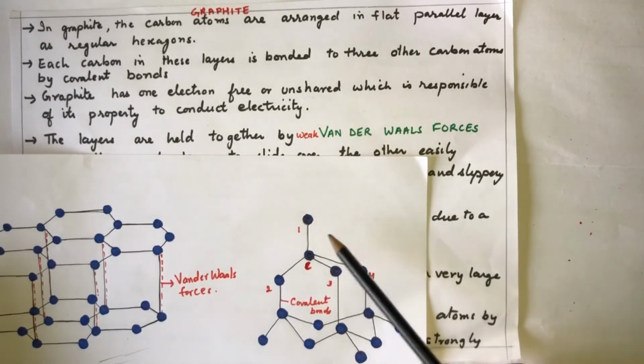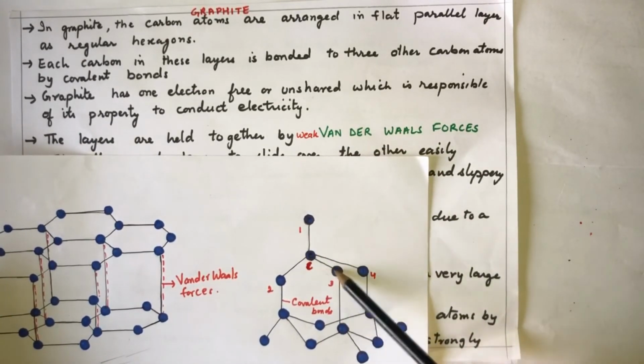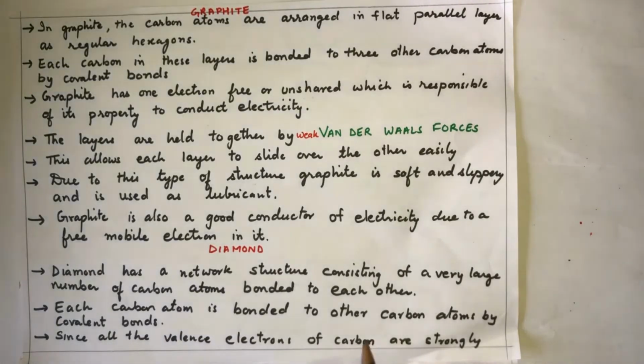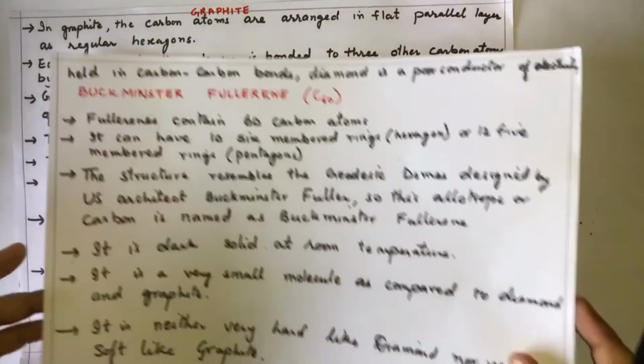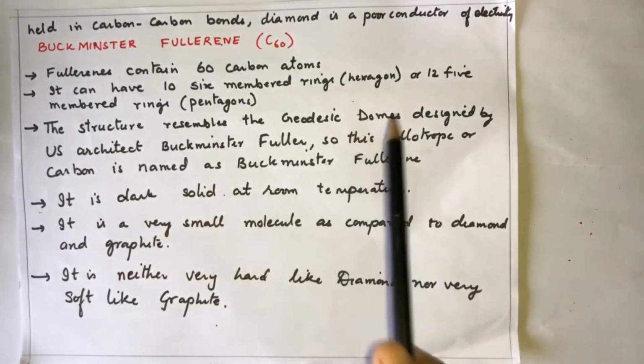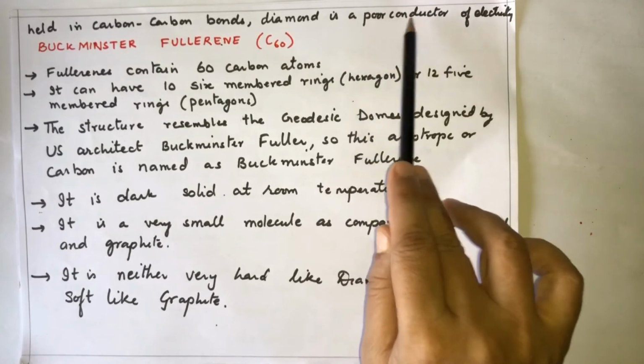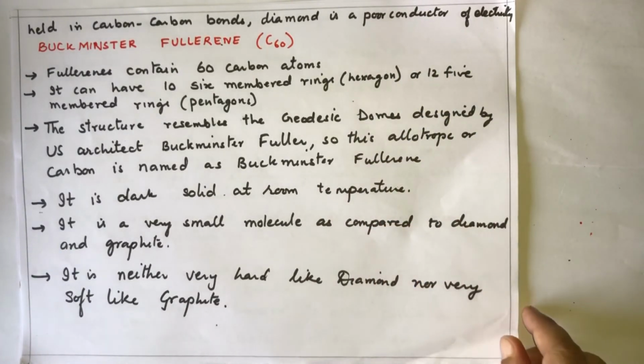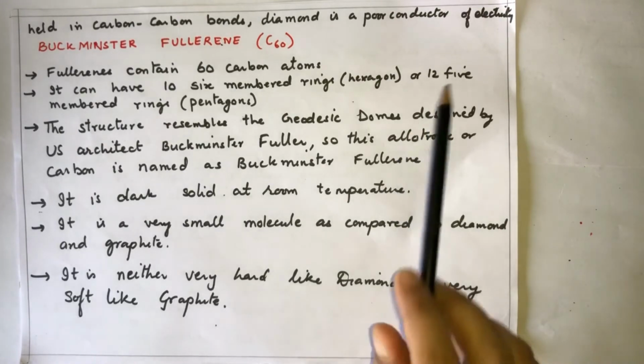In the case of diamond, all are strong covalent bonds. Each carbon is bonded to other carbon atoms by covalent bonds. Since all the valence electrons of carbon are strongly held in carbon-carbon bonds, diamond is a poor conductor of electricity.